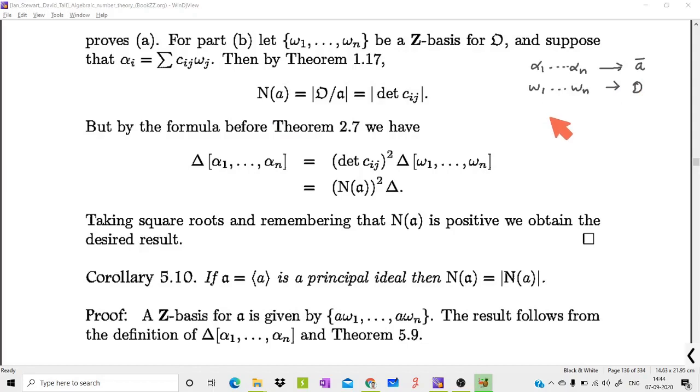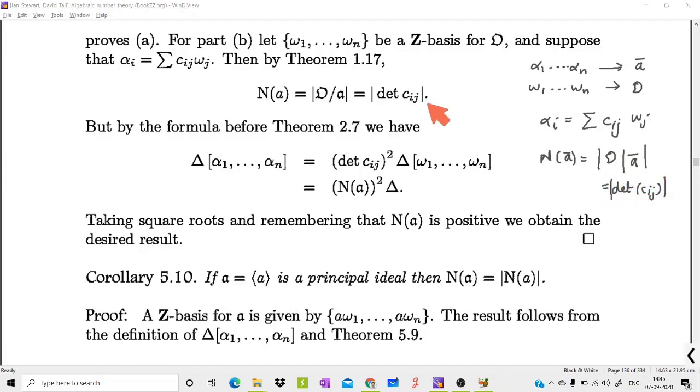Now each alpha i is a combination of the elements W1, W2, ..., Wn, say sum of c_ij W_j. Now we can easily get N(A), in fact the norm, which is the index of O by A, equal to the modulus of the determinant of c_ij.